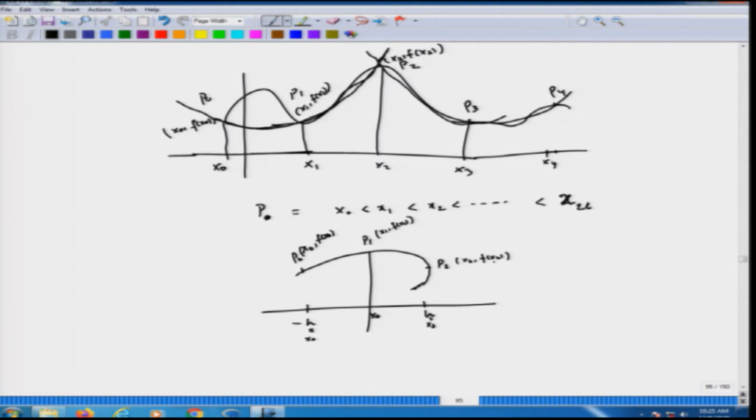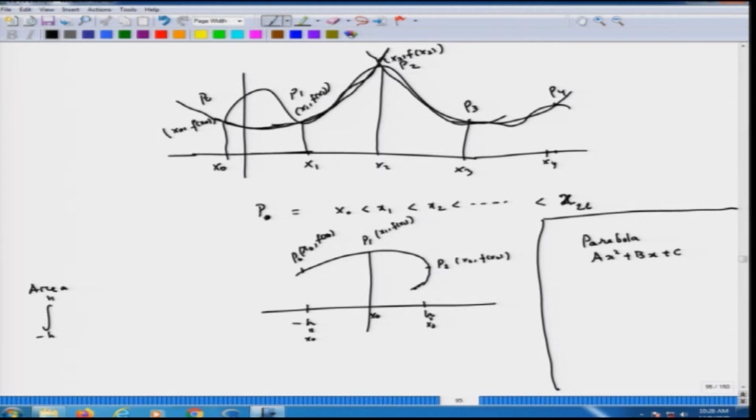Now, the parabola is given in general by the equation a x square plus b x plus c. If we want to find the area under this region, the area is going to be the integral from minus h to h of a x square plus b x plus c dx.